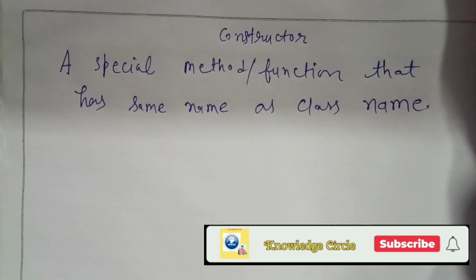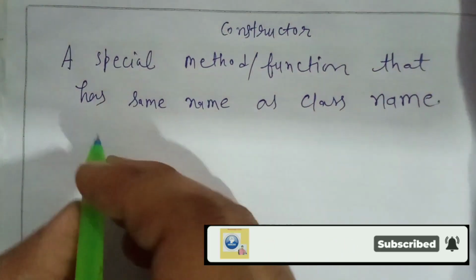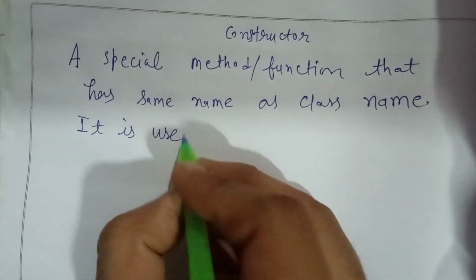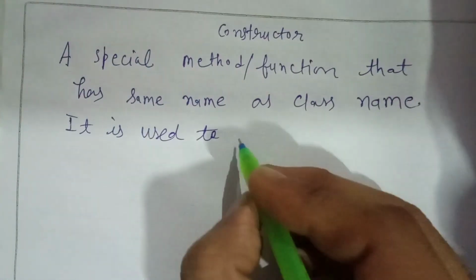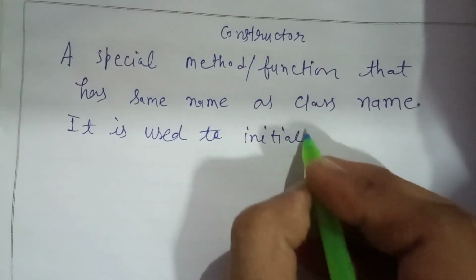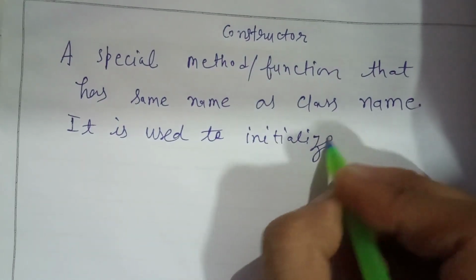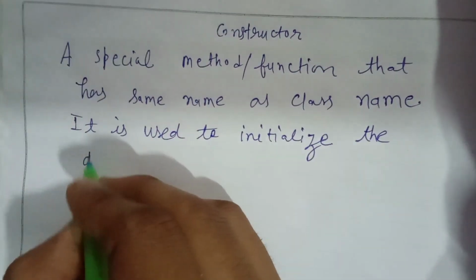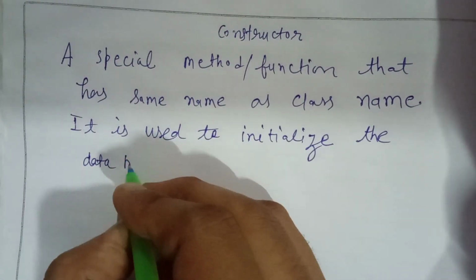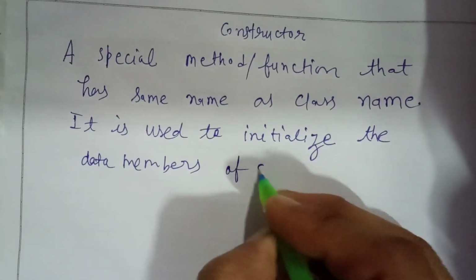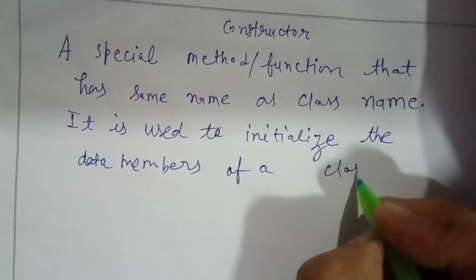Now we need to understand what is the use of constructor in program. It is used to initialize. We need to understand that what is the meaning of initialize. Initialize means assigning the value. Initialize the data members of a class.